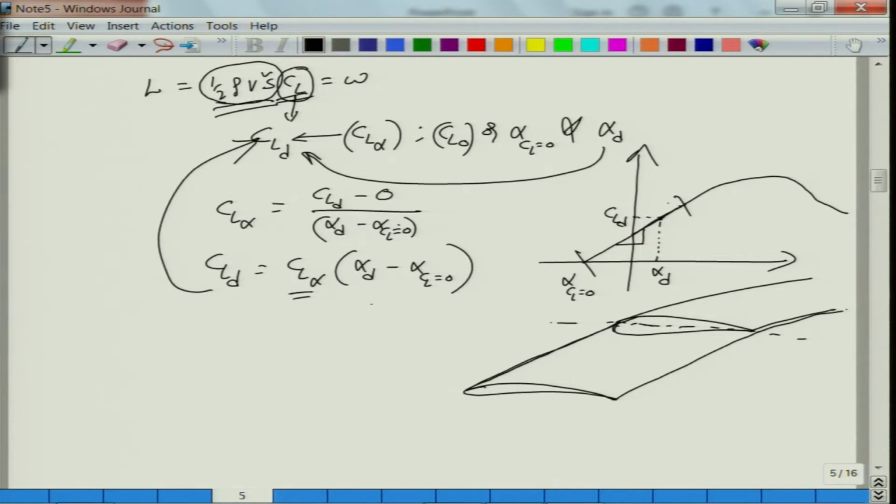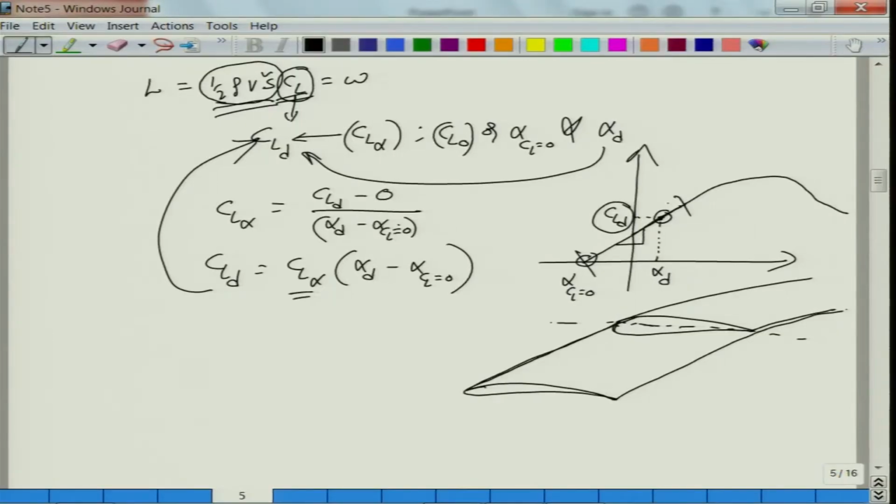You can use those values to find out what should be the corresponding CL 2D here. So, for example, from aerofoil to aerofoil, the same CL design can be achieved at different alpha design. Am I correct or not? If you select a particular aerofoil, it has a particular alpha at which CL is equals to 0, which we take as more or less constant for wing as well as airfoil.